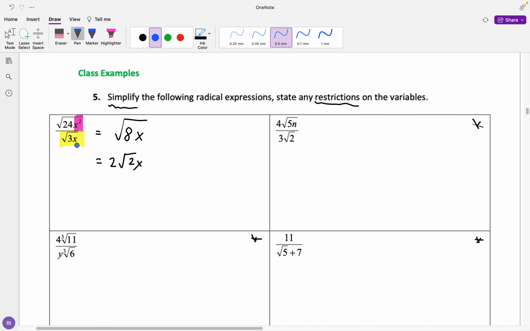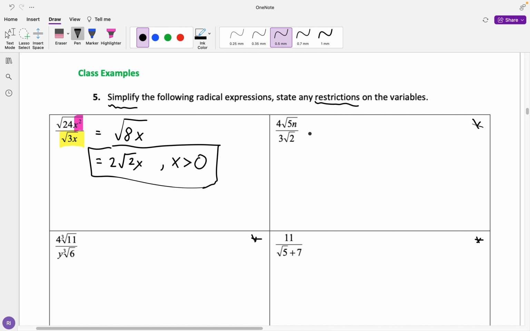So it actually cannot be 0 because 3 times 0, the root of 0, this entire denominator would be 0, but you cannot divide by 0. A fraction cannot have 0 as a denominator. So my restriction is x has to be bigger than 0 without the greater than symbol. Strictly bigger than 0.